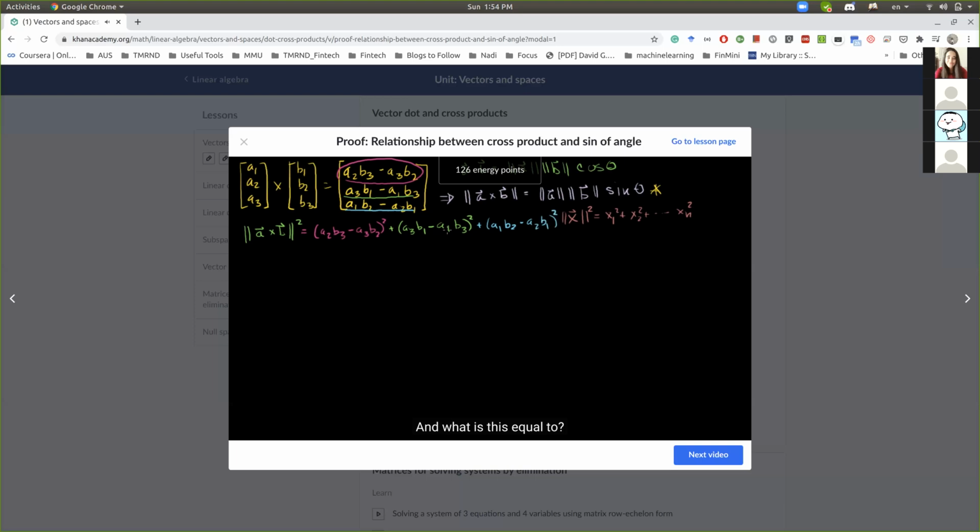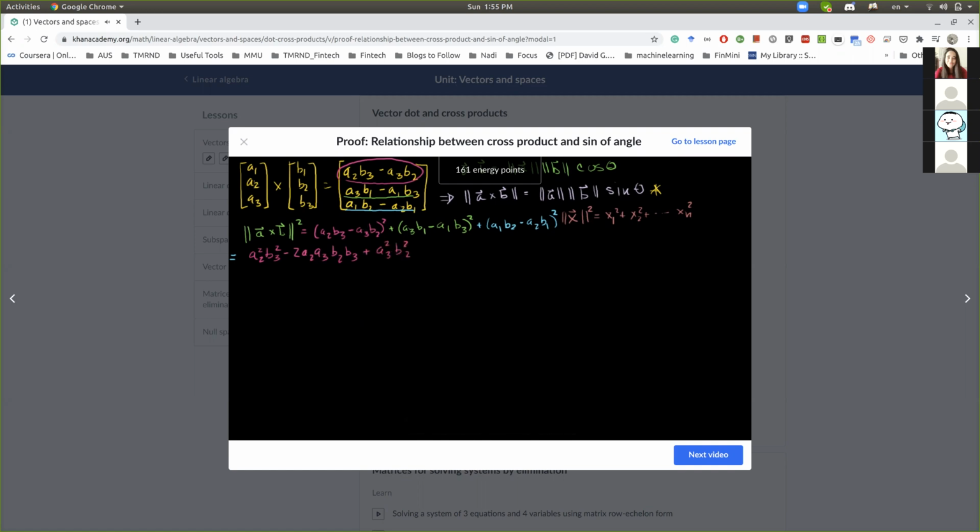And what is this equal to? Well, let's just expand it out. This term right here, we're just going to do our expansion of the square of a binomial, and we've done this multiple times. So this is equal to a2 squared b3 squared, and then these two multiplied by each other twice, so minus 2 times a2 a3 b2 b3, just rearranging them to get the order right, plus a3 squared b2 squared, that term squared.